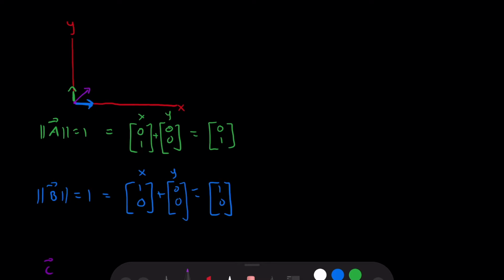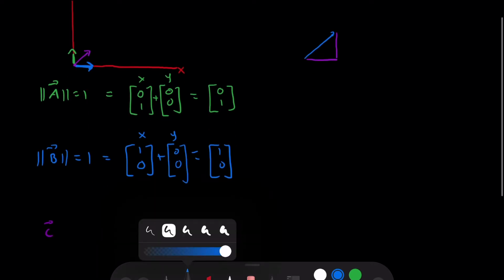So this is a graphical method where, if you have two different vectors and you're adding them together, the third vector is right there. So that's how I get that purple vector. So that's what we have graphically.